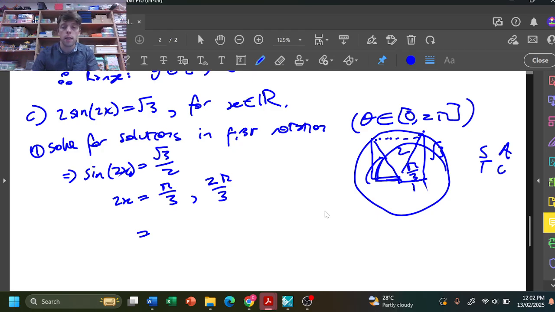Next, we can try and generalize this. So when are we in the first quadrant? So in the first quadrant, when we are an even number of pi's, so that's a full rotation. So for example, it could be, we start here, we go around once, 2 pi plus pi on 3, we're back here, or 4 pi plus pi on 3, whatever. So it needs to be an even number of pi's, so 2n times pi plus pi on 3, or we could be an odd number of pi's minus pi on 3.